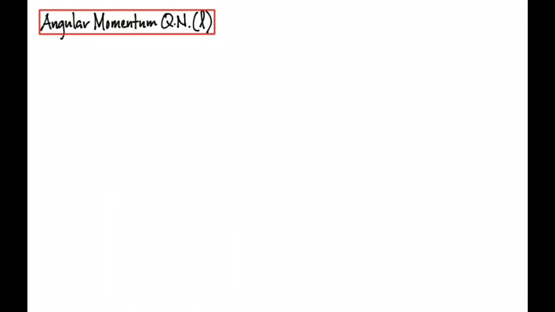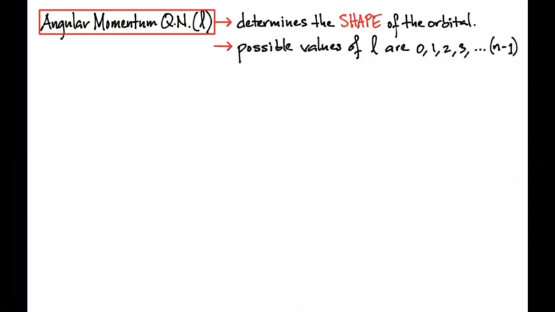So the second type of quantum number is known as angular momentum, and it has the symbol lowercase l. So what this tells us is the shape of the orbitals. And just like the principal quantum number, the angular momentum quantum number has specific numerical values. And the values of l are actually dependent upon the value of n, the principal quantum number.